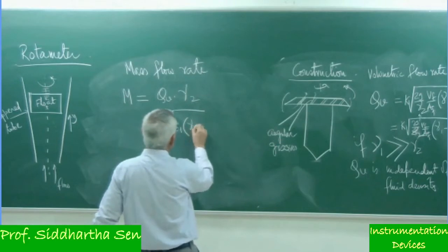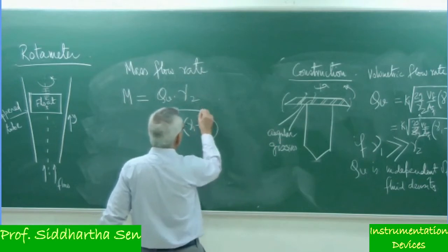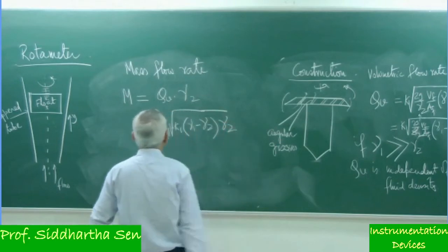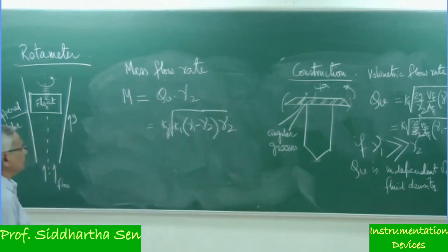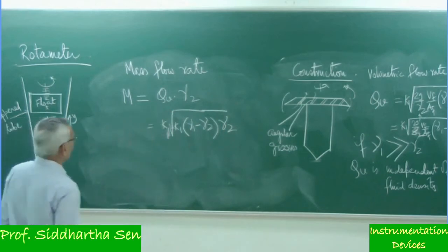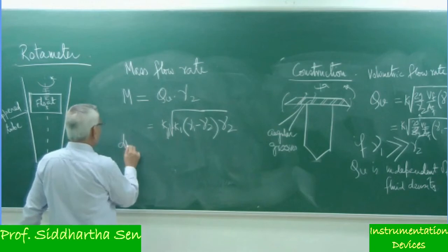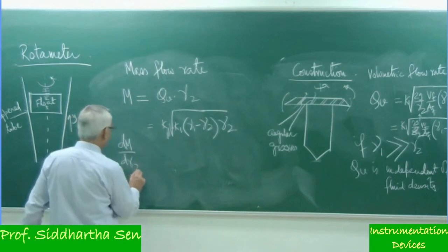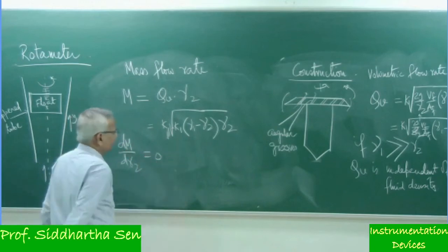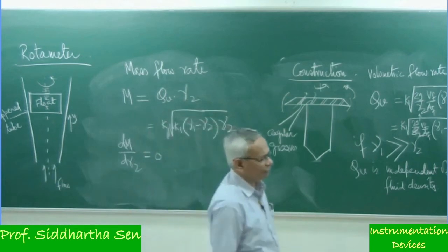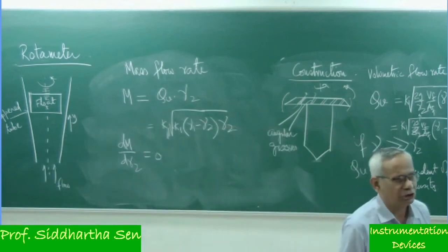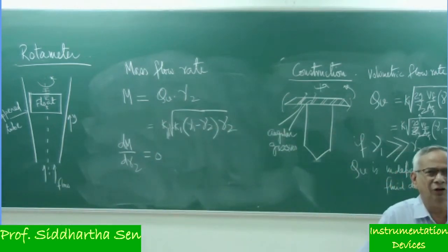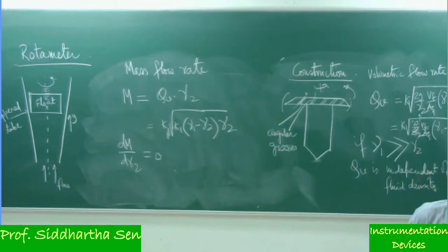It will be gamma 1 minus gamma 2 into gamma 2. So, what we need to do is that dm by d gamma 2 should be equal to 0, so that the mass flow rate is not dependent on the value of gamma 2 there.